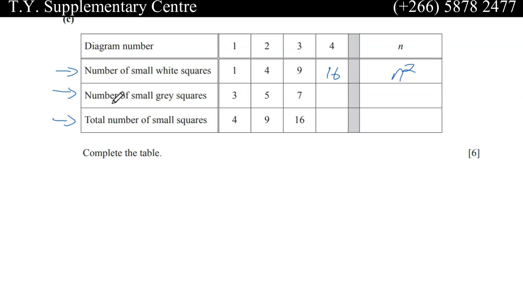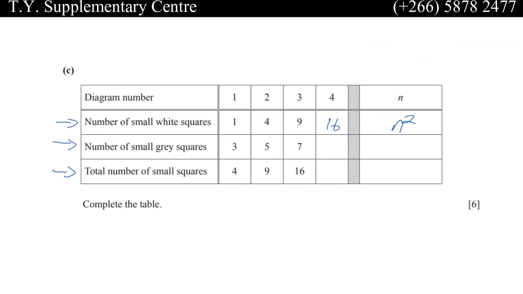Alright, let's move on to this row of small gray squares. So we have three small gray squares in diagram number 1, and then we have 5 small gray squares in diagram number 2, and then we have 7 small gray squares in diagram number 3.